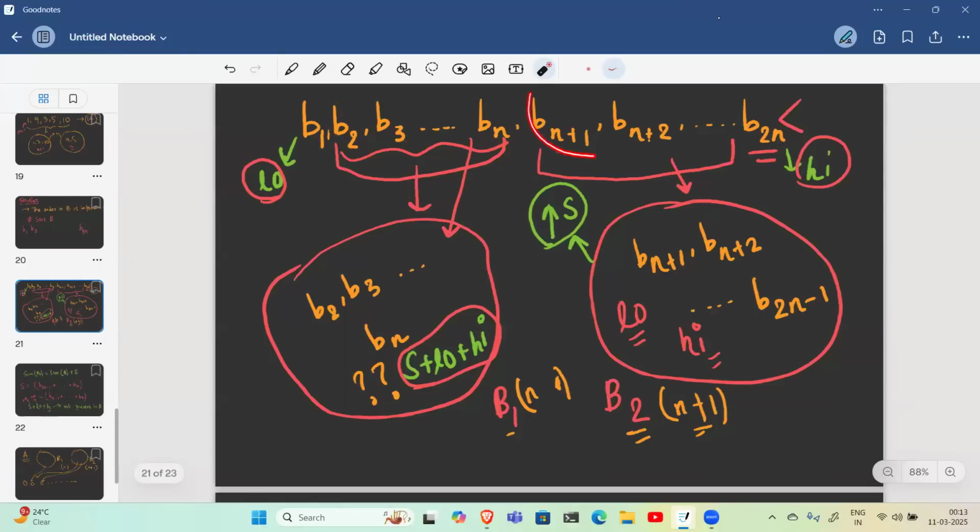All these integers Bn plus 1 to B2n minus 1 have been added in this bag. Low and high have also been added in this bag. That means we have already covered all elements of B in these two bags. These two bags B1 and B2 in union contain all the integers in the array B. Apart from that, we have added one new integer, S plus low plus high.